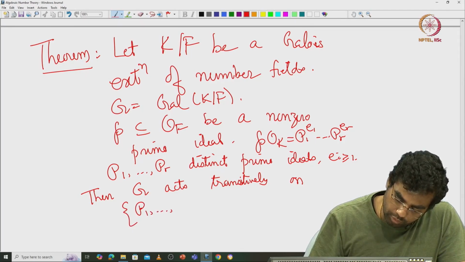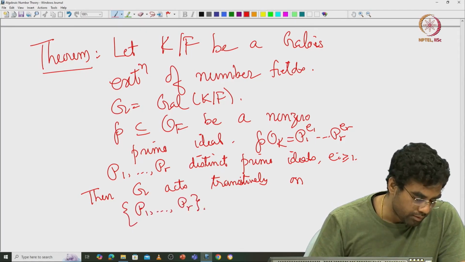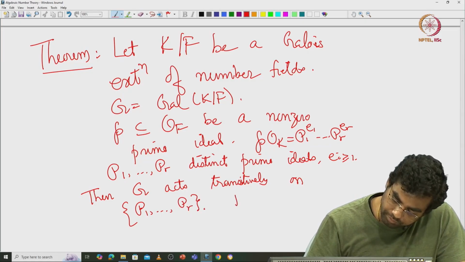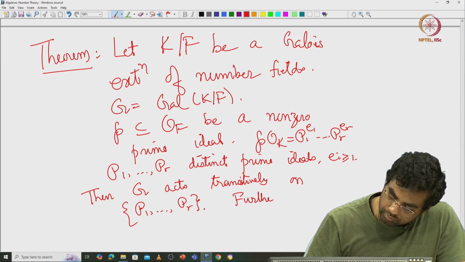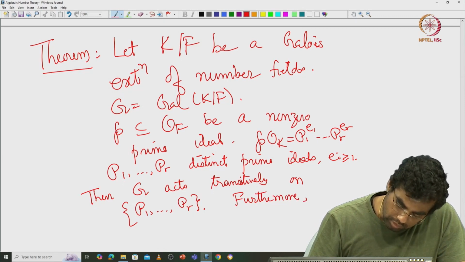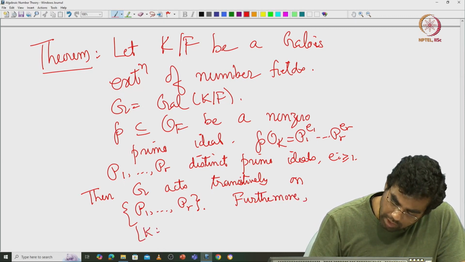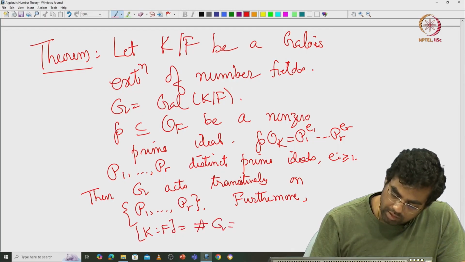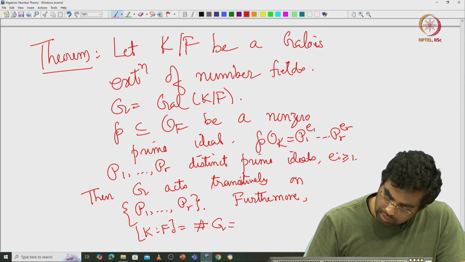Furthermore, the degree of K over F is the same as the number of elements in G, which is the same as e times f times r.